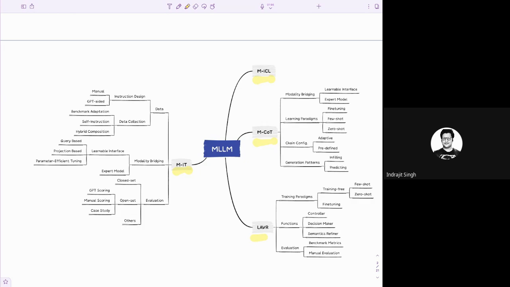Similarly for MICL we have modality bridging, learning paradigm, chain configuration, and generation patterns. And for LAVR also we have things like functions, training paradigm, and evaluation. So we'll have a look into these different aspects of each MLLM.